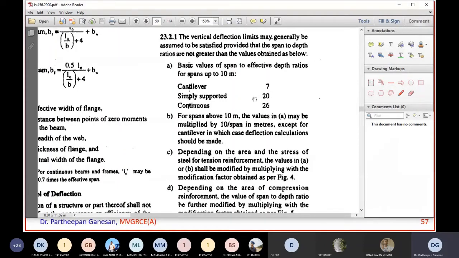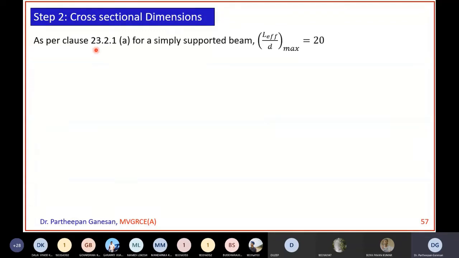This is the maximum value. You cannot go beyond 20. For a simply supported beam, the span to effective depth ratio up to a span of 10 meters is 20. So this we are going to take as a reference. As per clause 23.2.1, for a simply supported beam, effective span by d maximum value is 20.